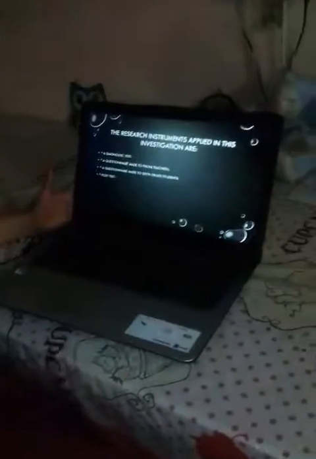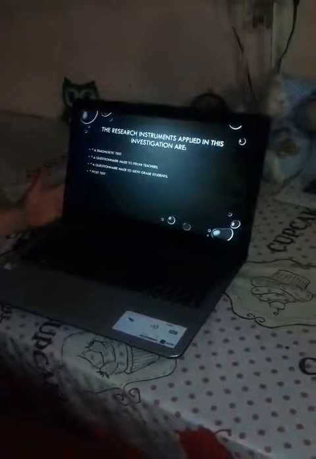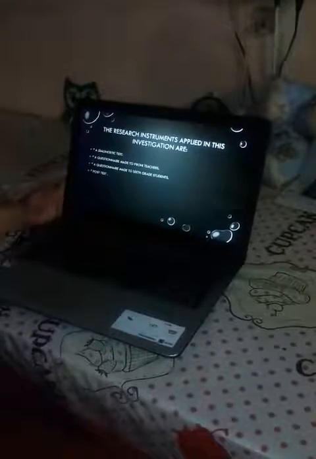The research instruments I applied are a diagnostic test, a questionnaire made to 20 teachers, a questionnaire made to 6th grade students, and a post-test. The questionnaire made to my students is to know what strategies they would like to be implemented in vocabulary learning.